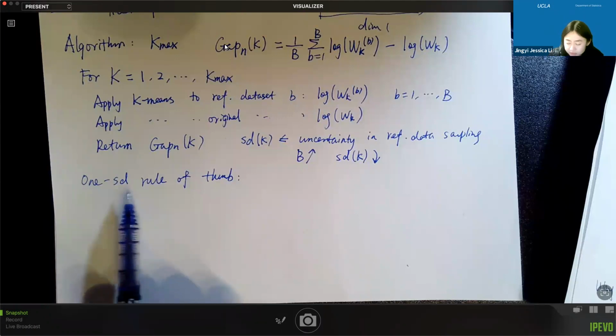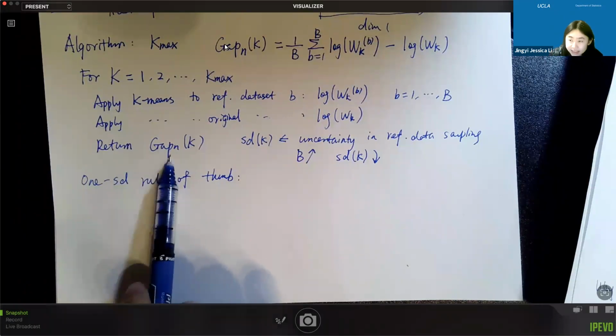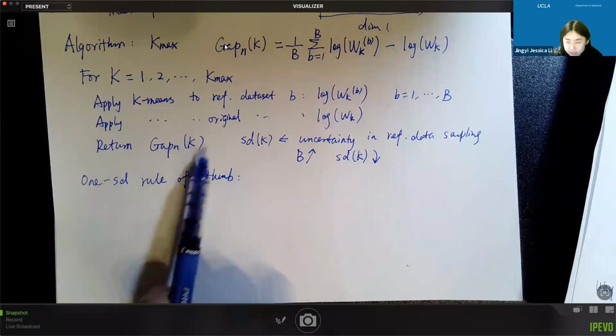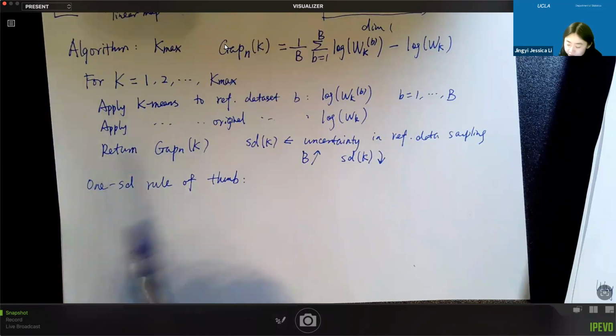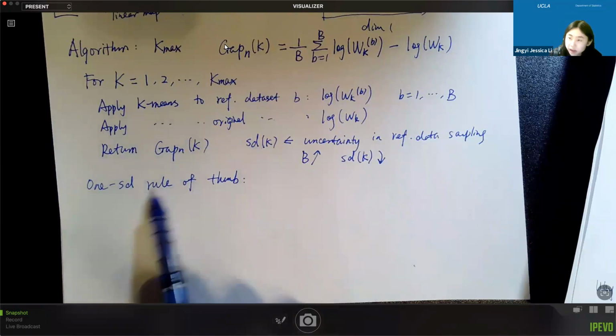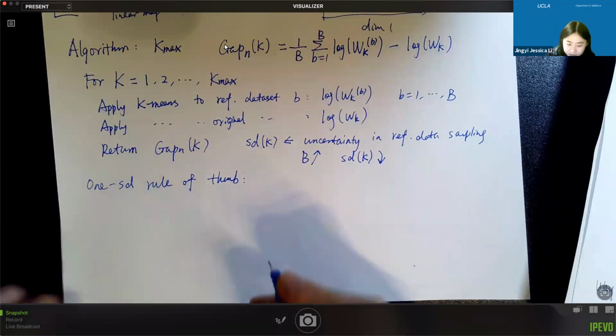So to choose a smaller k, if a smaller k has a gap statistic value smaller than its next k plus 1's gap statistic value, but not too small, if their difference is within one standard error, one standard deviation, we pick the smaller k. That's just a rule of thumb for choosing the simpler, smaller k.